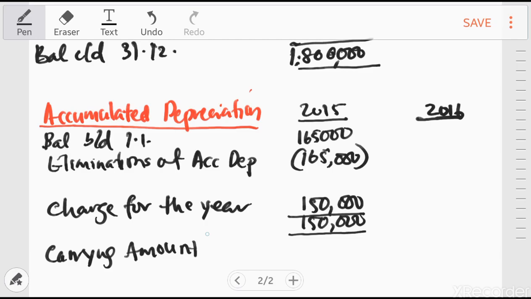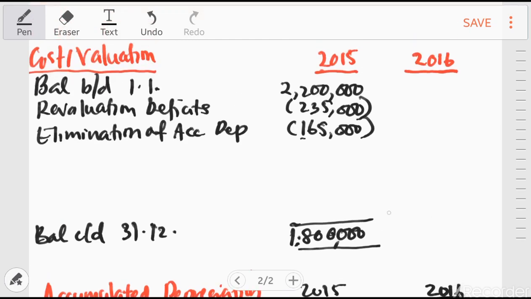So it's 1.8 minus 0.15. So it would be 1.65 million, the carrying amount. And this is the carrying amount as at 31st of December. Okay, the figure that you have here will be the one that you will show here, right? Because it will be carried forward to the following year.